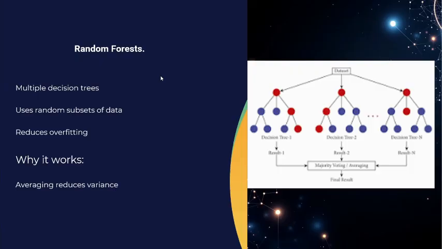A random forest consists of multiple decision trees. It uses random subsets of data, and we are trying to reduce overfitting. And why does it actually work? What we are trying to achieve is averaging, which reduces variance. That's brief info about random forests.